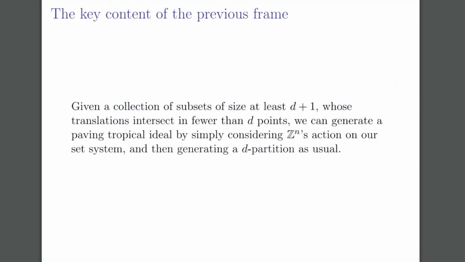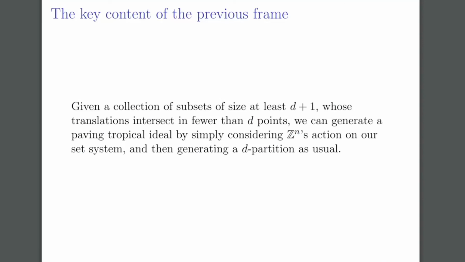So if you give me a collection of subsets, let's say their size is at least d plus 1, then let's also impose that the translations of my subsets, which are going to end up being blocks, intersect in fewer than d points. So they're all d-sparse, and I also want them to be pairwise d-sparse.